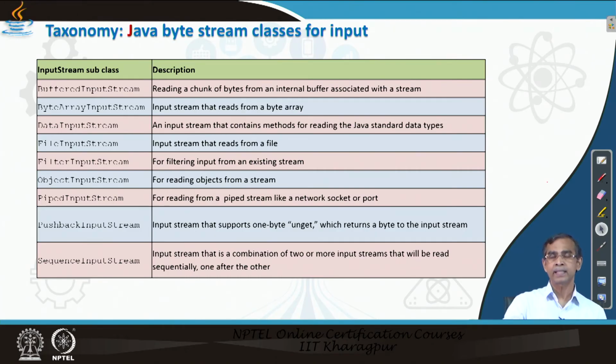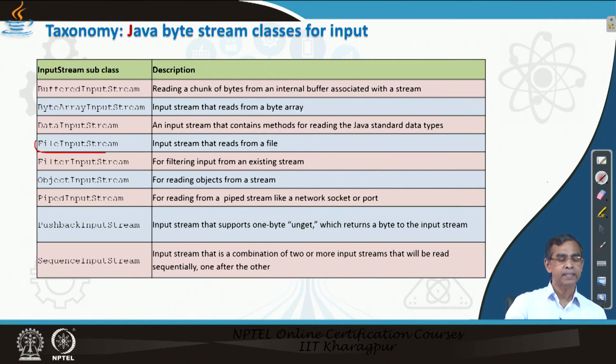All these classes are basically the interface between your program and the possible sources of input, and that is in the form of bytes. In this list I have listed many types of sources, like buffered input stream, byte array input stream, data input stream, then file input stream.